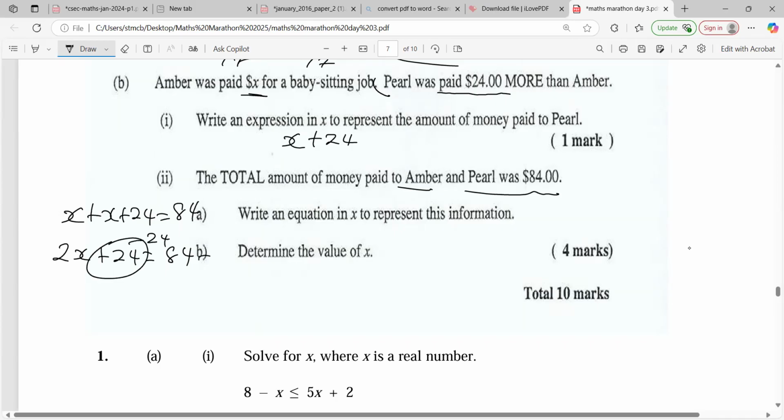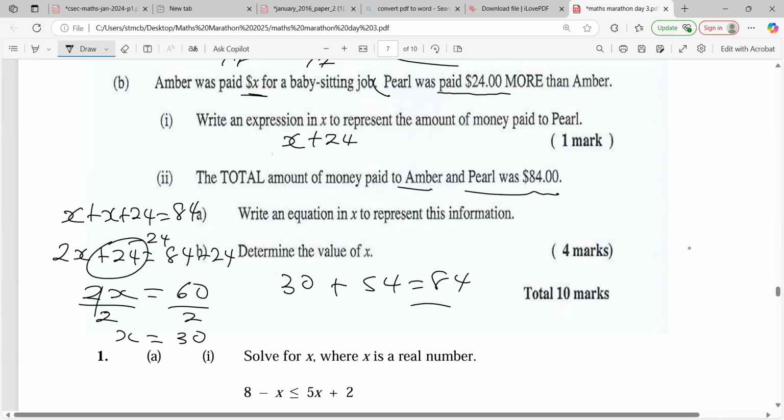Subtract 24 from both sides. That gives us 60. That means Amber gets, for x, $30. And Pearl gets 30 plus 24, that is 54, because it's $24 more. So this gave us the 84.